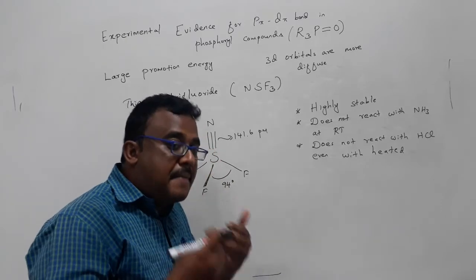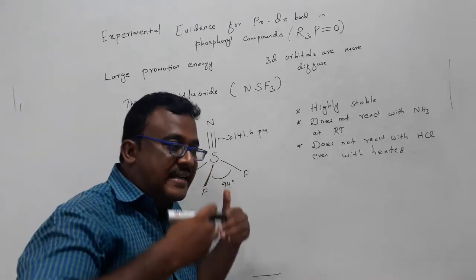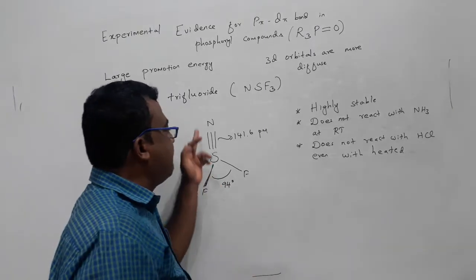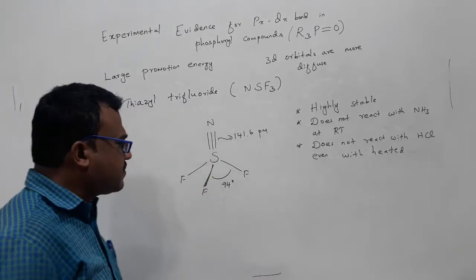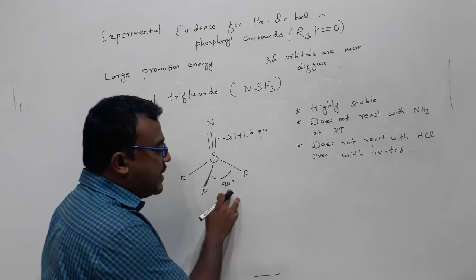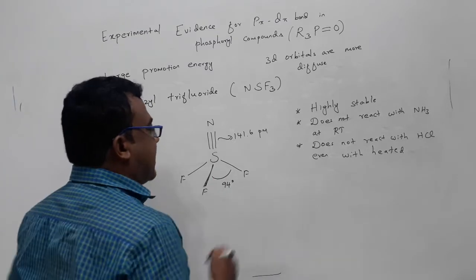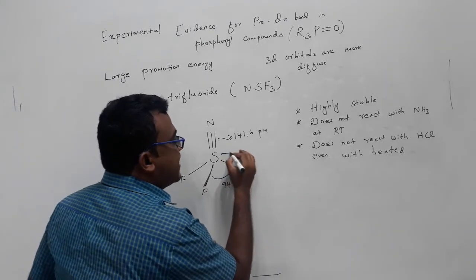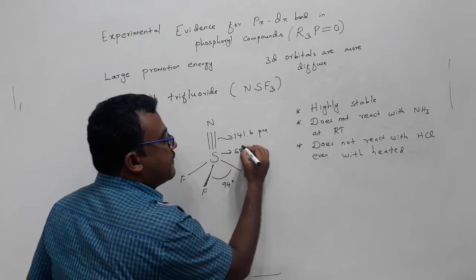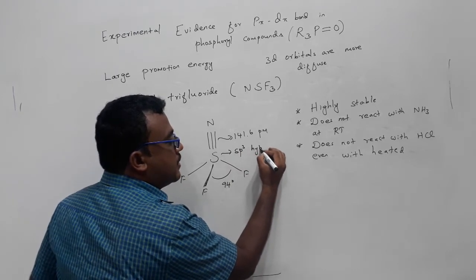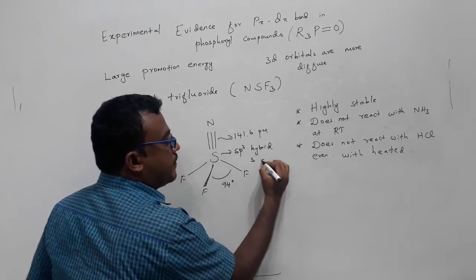That suggests there may be multiple bond character between the sulfur and nitrogen centers. And the bond angle of 94 degrees suggests that the sulfur atom is sp3 hybridized.